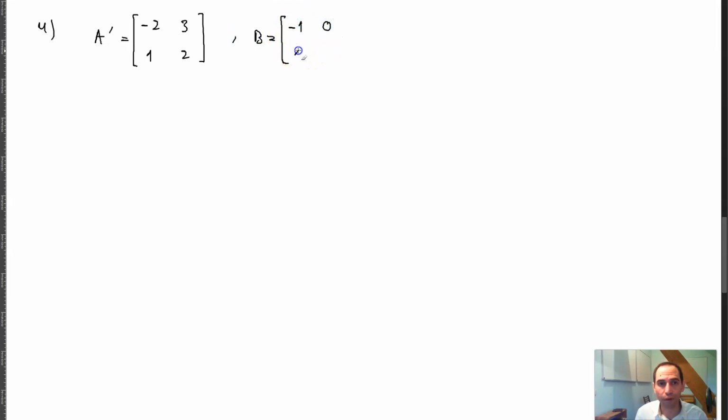So you have A prime as a matrix of negative 2, 3, for example, 1 and 2, and B is another matrix of negative 1, 0, 1 and 2, and you want to find (A plus 2B) prime.